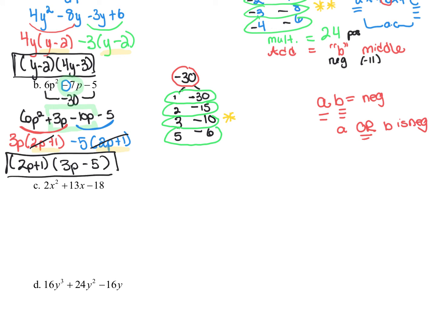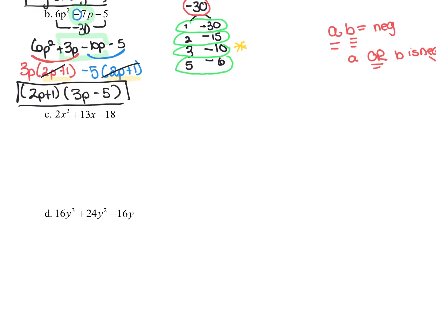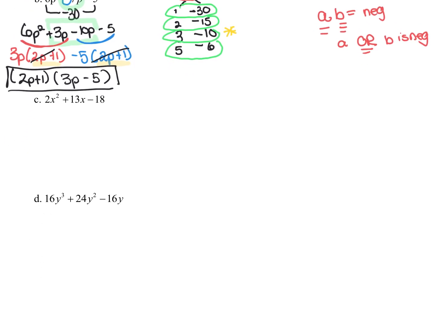Okay, let's try again. So we take our a times our c and we get negative 36. So negative 36. My factors of 36 are 1 and 36, 2 and 18, 3 and 12, 4 and 9, 6 and 6.